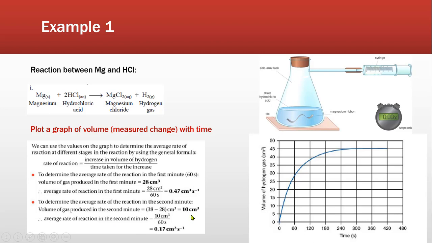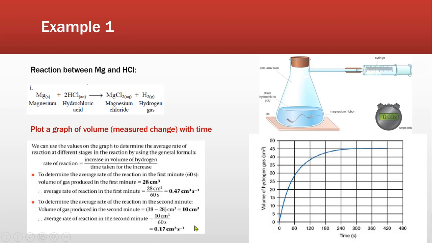Now the rate at the second minute. We're not going to take all of this. We're only going to take the difference between the first and the second minute. So that difference will be 10 cm cubed. And when we divide it by the time, which is still 1 minute, it's 0.17.